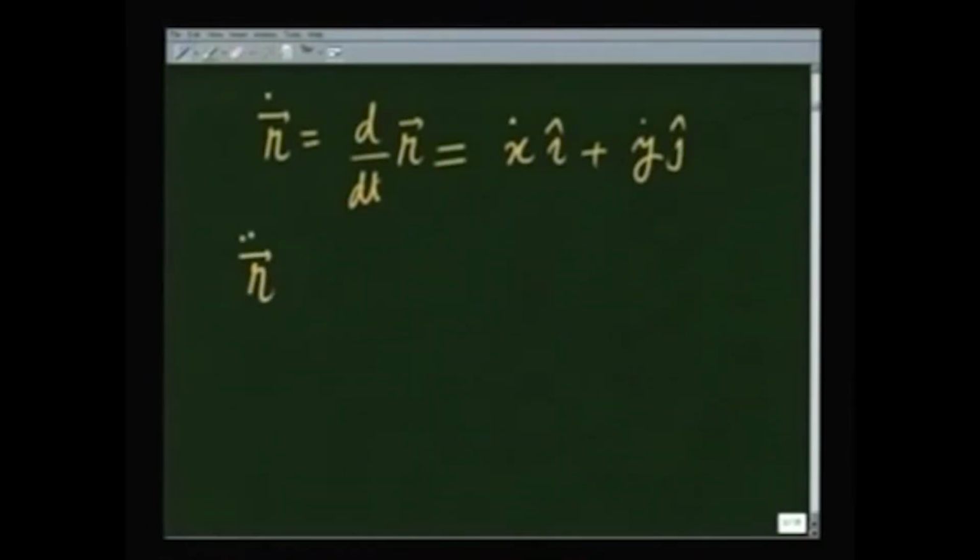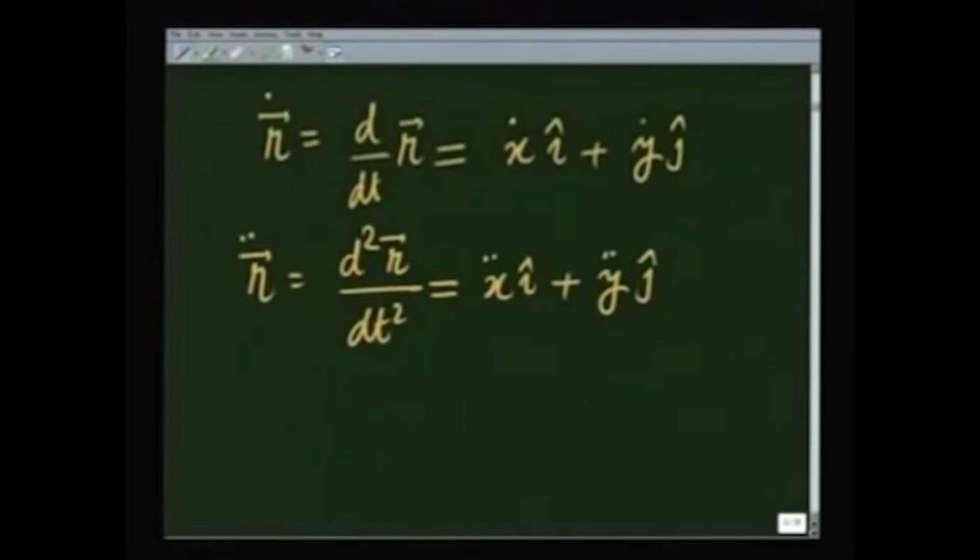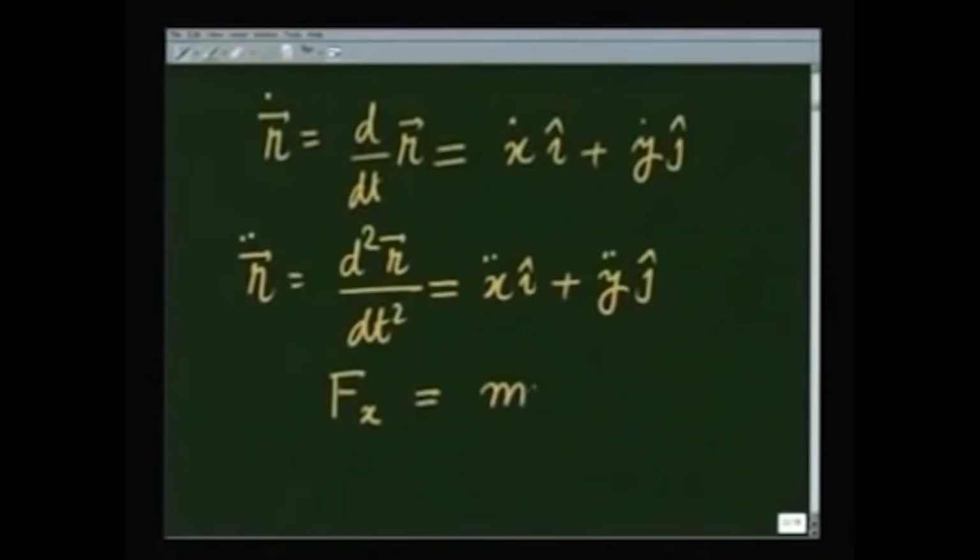Similarly, the acceleration r double dot is given as d2r over dt square, which is equal to x double dot i plus y double dot j, and Newton's second law then takes the form that I equate the components along each direction with the respective forces, so that Fx becomes equal to m x double dot, Fy becomes equal to m y double dot, and I can integrate these two equations of motion to get how x and y change with time.